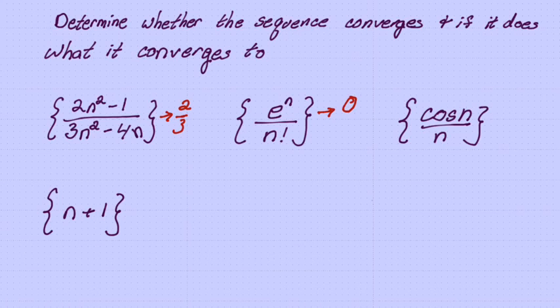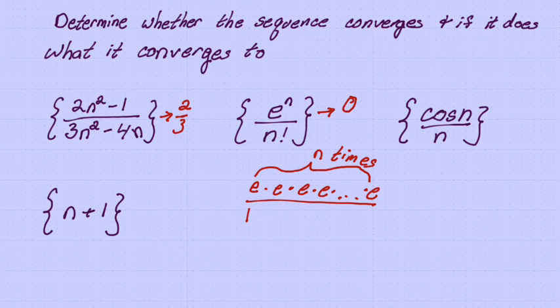And from then on, you have a product of things all going to infinity over a product of things smaller than it. You can think of this as e times e times e times ... times e, n times, over 1 times 2 times 3 times 4 times up to n.